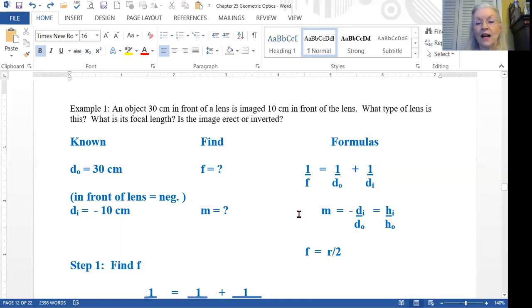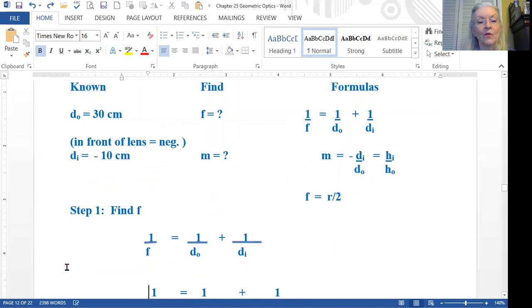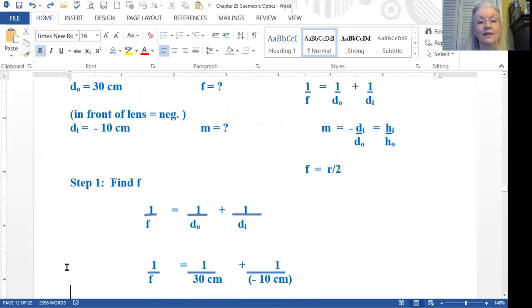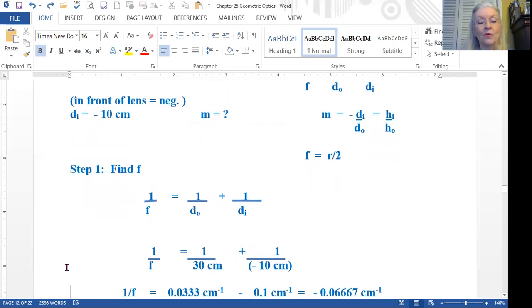Magnification is minus DI over DO, which is HI over HO. And F is equal to R divided by 2. Same three formulas as our previous information about mirrors. We have DO and DI, so we can find F. 1 over F will be 1 over 30 centimeters plus 1 over negative 10 centimeters.